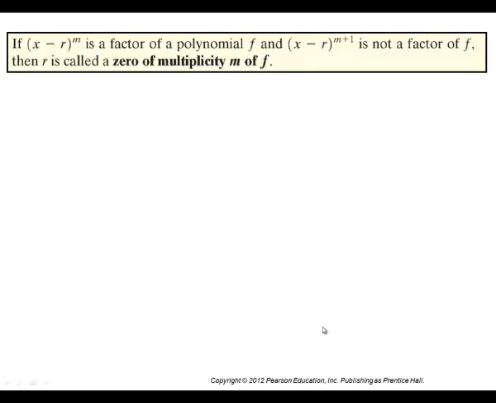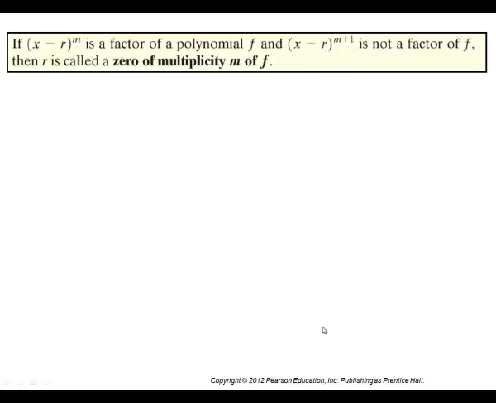Okay, so you have this x minus r to the m power. So what that means is, if x minus r to the m power is a factor of a polynomial, and x minus r to a higher exponent is not a factor of f, then r is called a zero of multiplicity m.